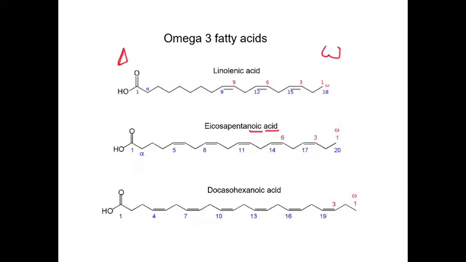The delta end numbering is in blue, and the omega numbering is in red. And you can see here that if you look at the third carbon from the omega end, highlighted with the red 3, there is a double bond between the third and the 4th carbon. And you can see that in all 3 of these structures. So all 3 of them are omega-3 fatty acids.